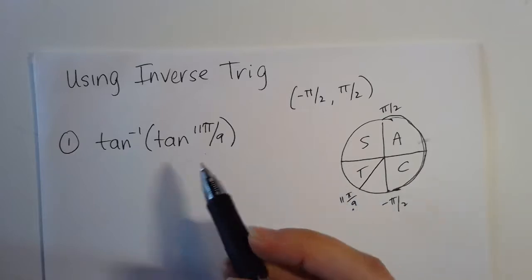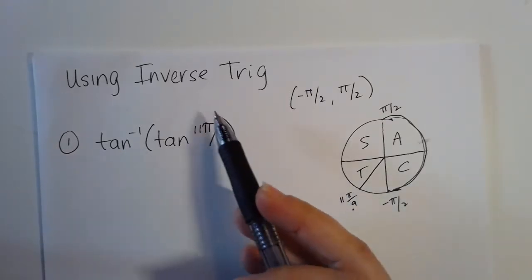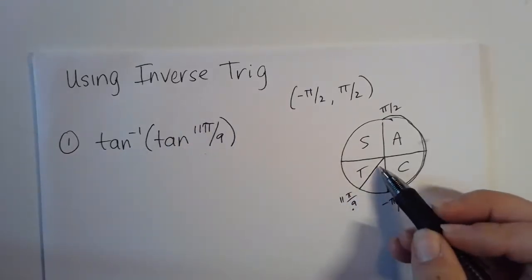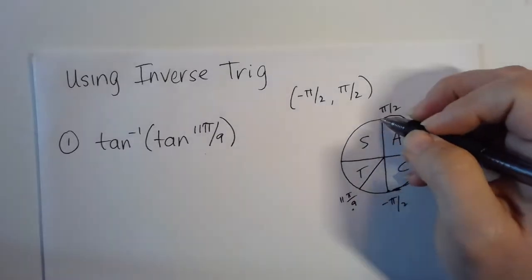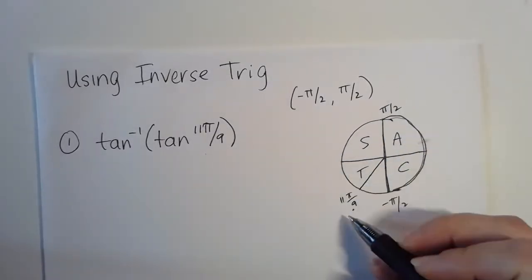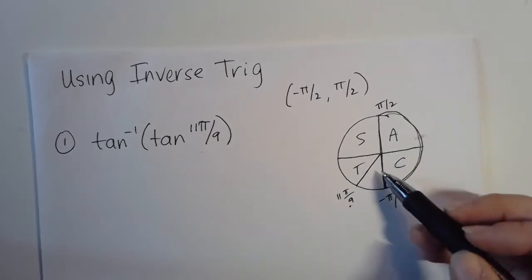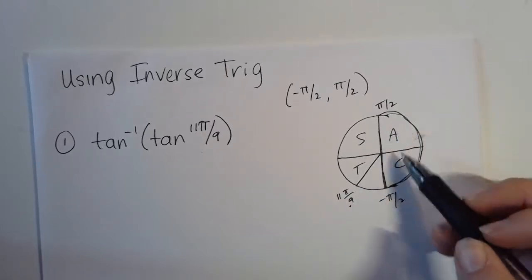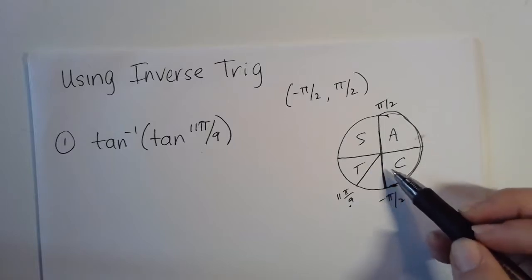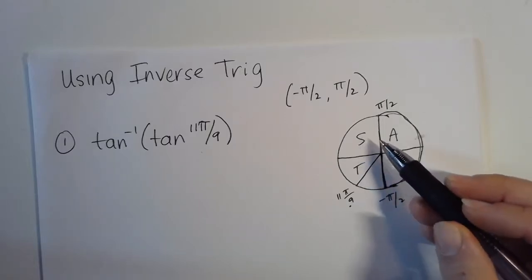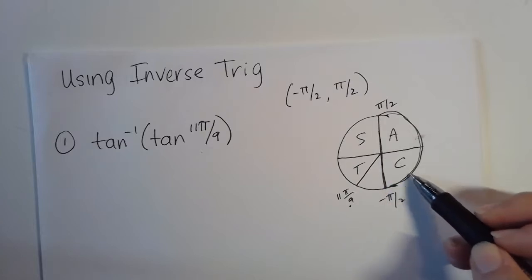Now 11 pi over 9 is not in the domain of arctan, so it's not 11 pi over 9. So what we want to do is find an angle over here with the same measurement, right? I want it to be positive. Now tangent is positive up here. It's going to be negative down here, because cosine is positive, but that means sine is negative. So that means my tangent would be negative.